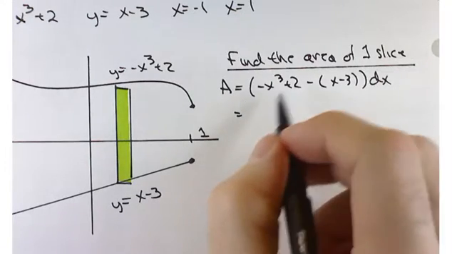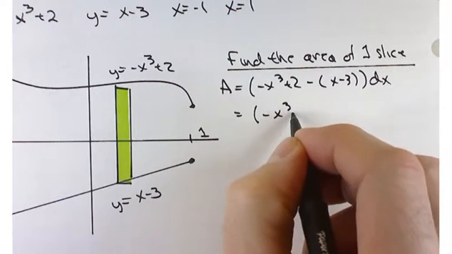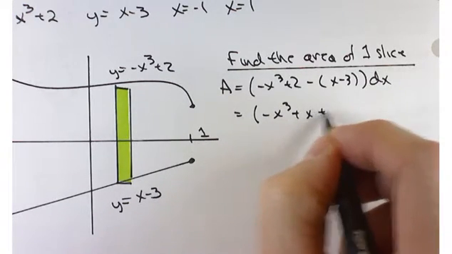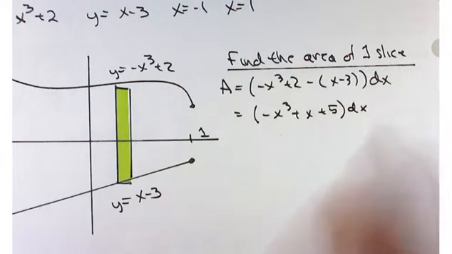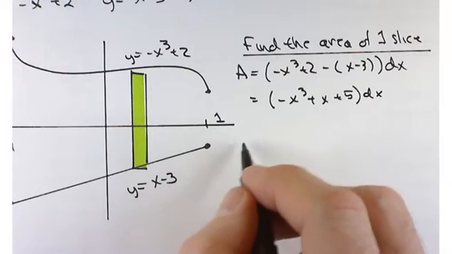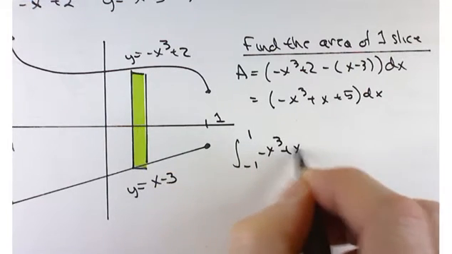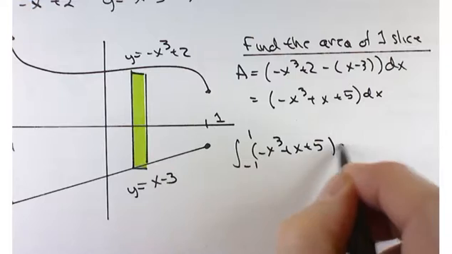So if I distribute the negative here and then collect like terms, I end up with negative x cubed plus x plus 5. Our limits of integration are, yeah, they're given to us, right? Negative 1 to 1. So the integral from negative 1 to 1 of negative x cubed plus x plus 5 dx.